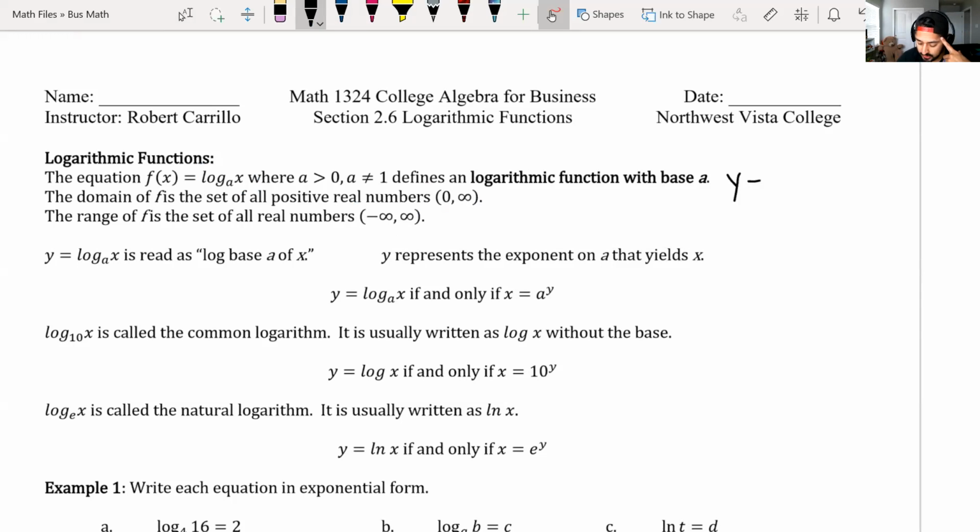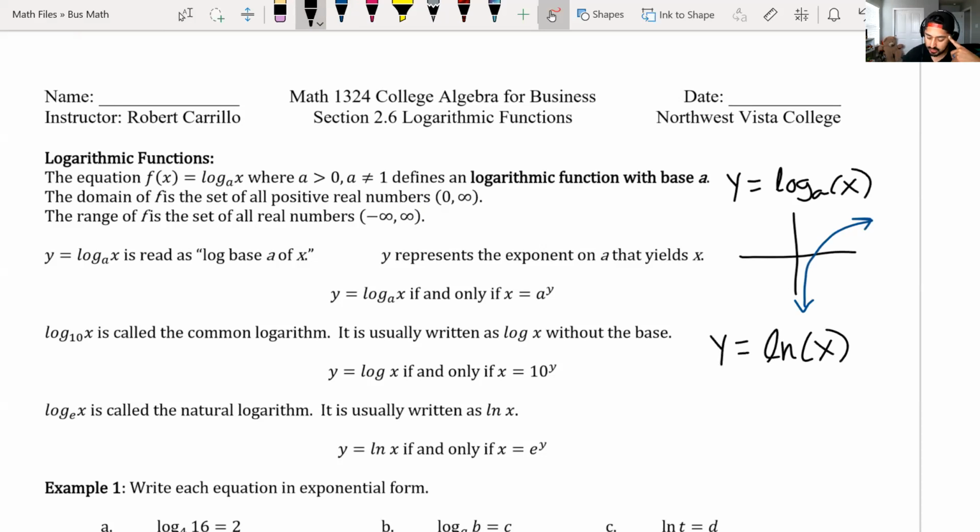So if I have y equals log base a of x, the graph of a log function always looks similar to this. Then we'll also do the graph of a natural log function, and that graph also looks like that.